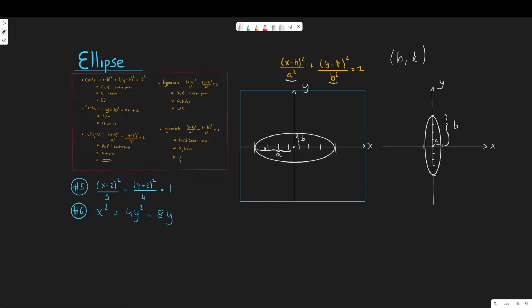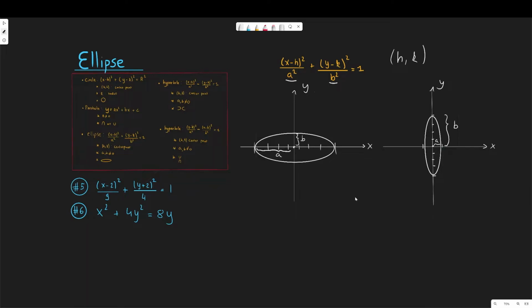So a will be this distance, the distance between the ellipse right here and the center point, and because a is underneath the x, it will be parallel to the x. The b constant is parallel to the y and will be the distance from the center point to the ellipse like this. And the same for this example, the a is this right here and the b is this distance.